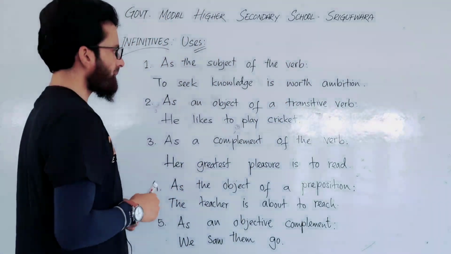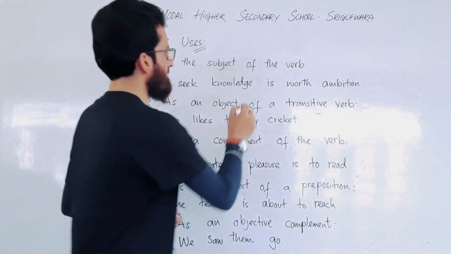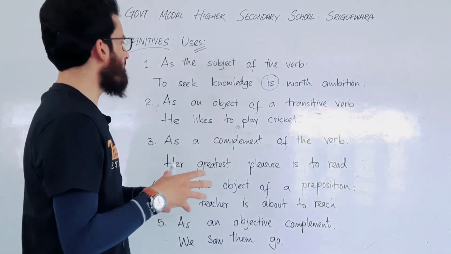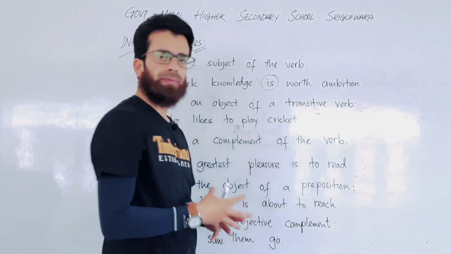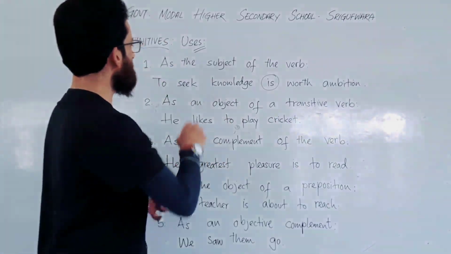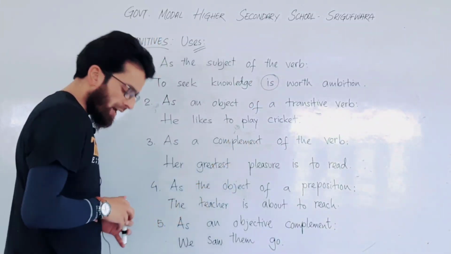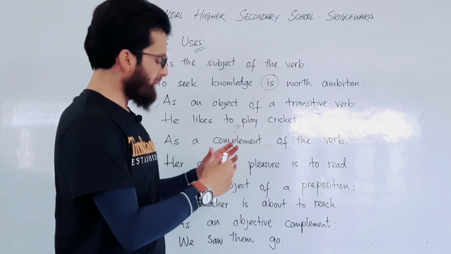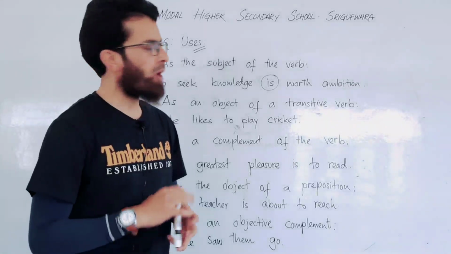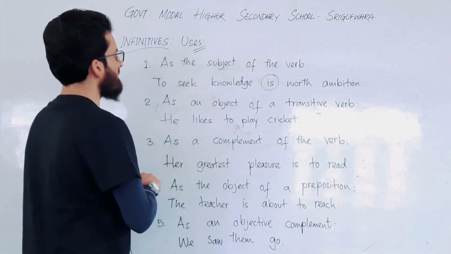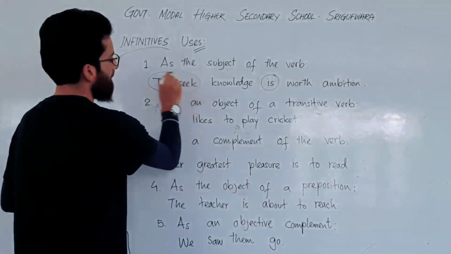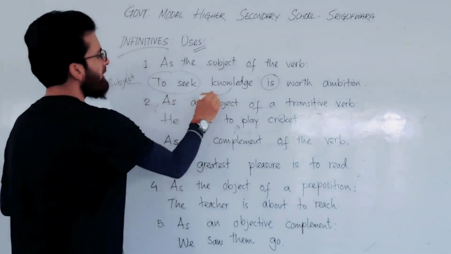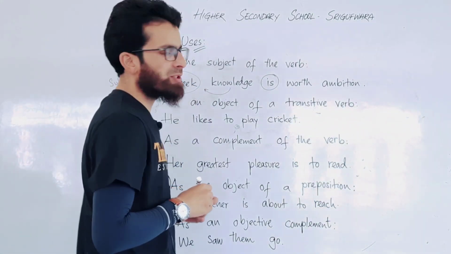In this sentence, the main verb is "is", and the subject of "is" is "to seek". And knowledge is the object of "to seek".